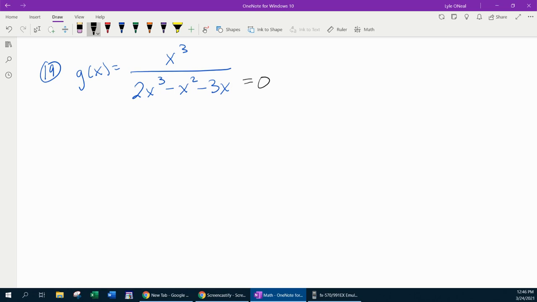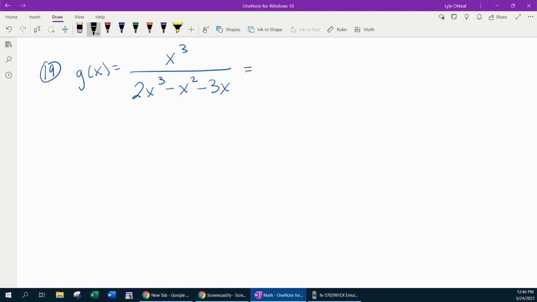Now that will give you the restrictions as well as the vertical asymptotes. However, if the numerator and denominator have a common factor that will divide out, then that value, that solution from the denominator will not actually produce a vertical asymptote. So let me show you what I'm talking about.